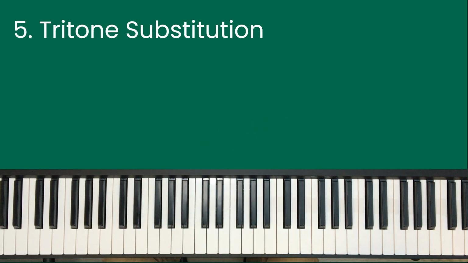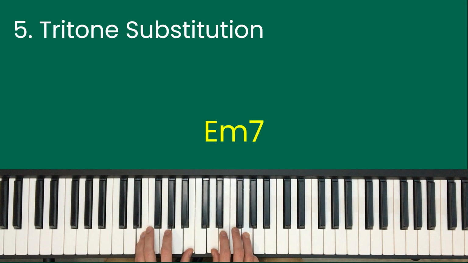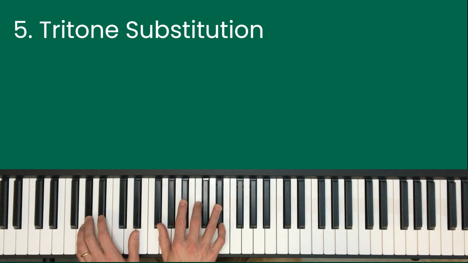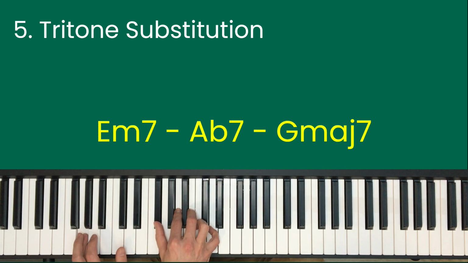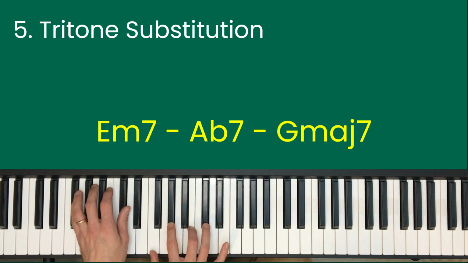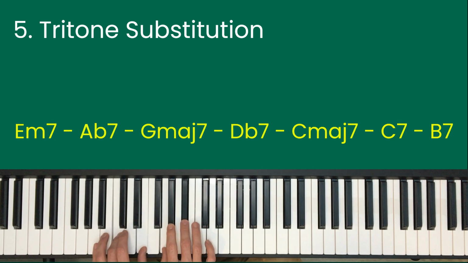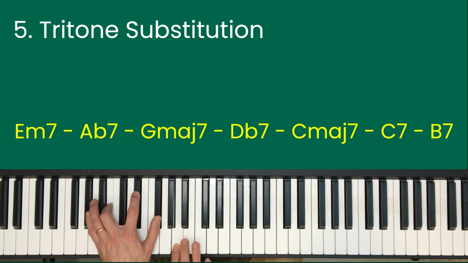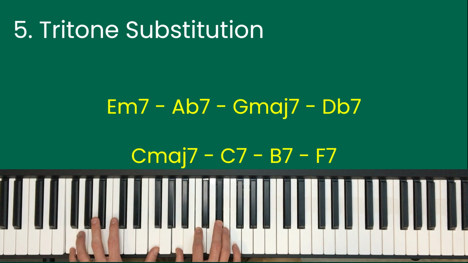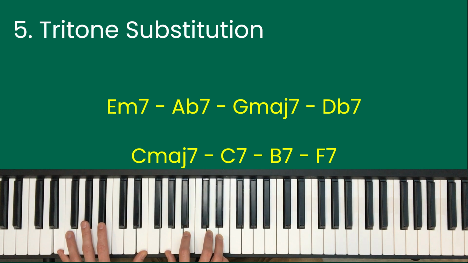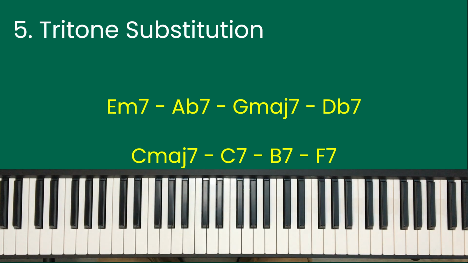Okay? So if we apply that to our sequence, so we have E minor 7, and then we'll have... And you can also think of tritone substitution as, again back to this idea of approaching from above or below, you're approaching it with a dominant chord that's a half step above.